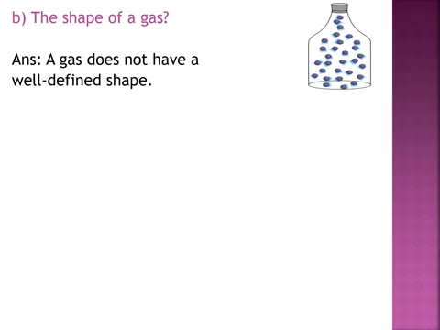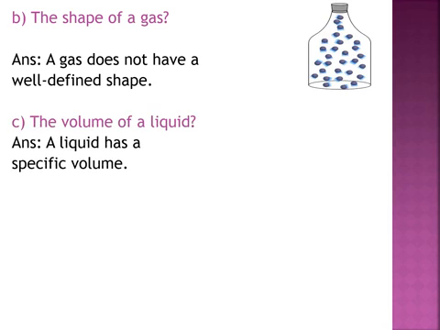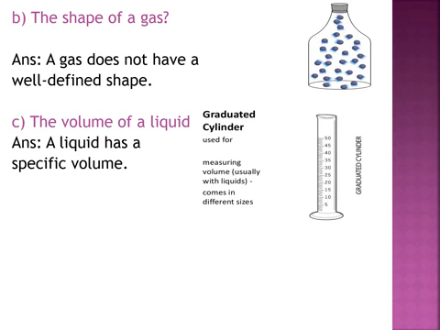And the next is the volume of a liquid. A liquid has a specific volume, and we can measure the volume with a measuring cylinder. A graduated cylinder is used for measuring volume, usually of liquids, and comes in different sizes according to the amount of liquid. How can we measure the volume of a solid?